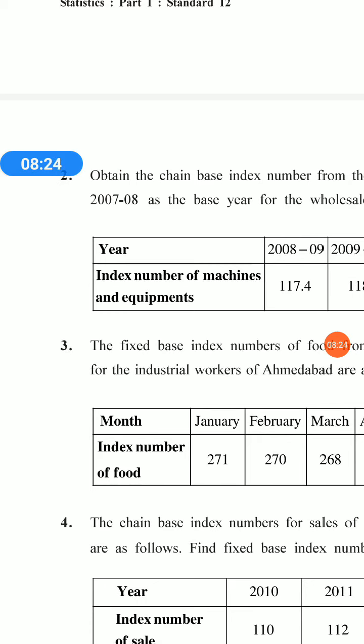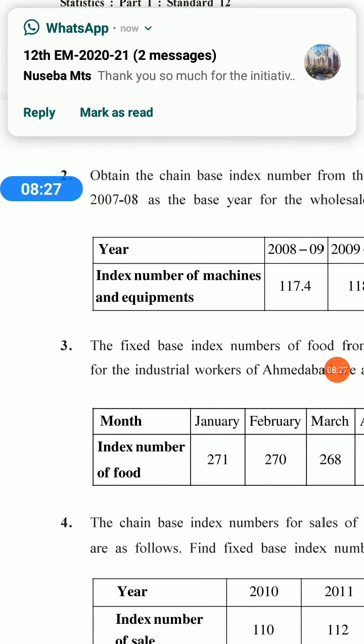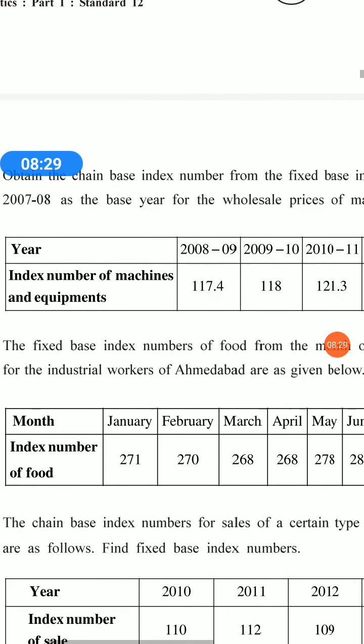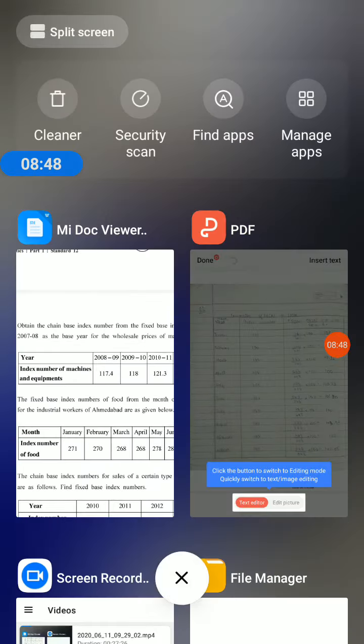Here the data is given from the year 2008-9, okay, but we have to take the year 2007-8 as a base year. So we know that the index number of the base year is 100. Okay, so in this sum we had written 117.4 upon base year, it means into 100 upon 100 into 100. So we get the answer 117.4.